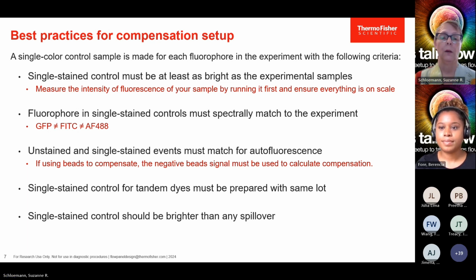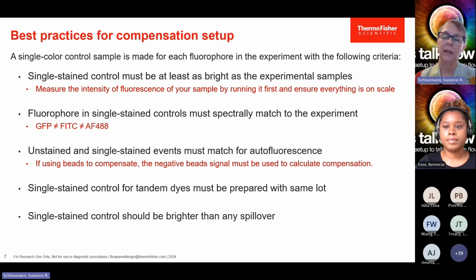So what I usually recommend is to run your single color controls, looking at that control in every other channel you're using in the experiment. If you see that your single color control is brighter in another channel, not the target channel, it's still that dye, but it's going to be overcompensated, in other words.